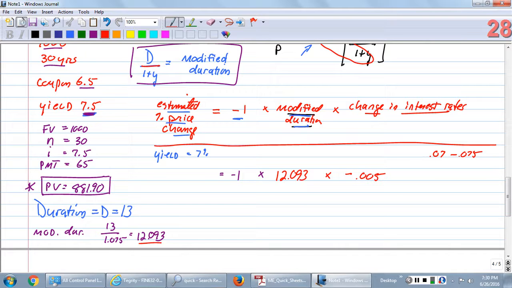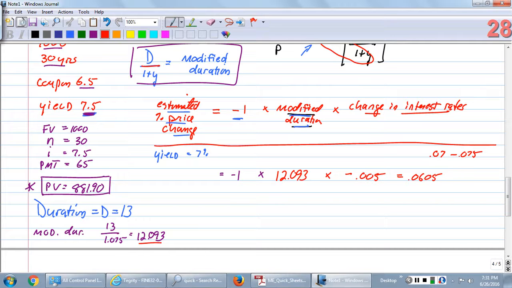So this is 1/2 of 1%, and it's important that we get the two negative signs because negative times negative is a positive. And when interest rates go down, value goes up. So I'm going to take my 12.093 times 0.005, and I get 0.0605.